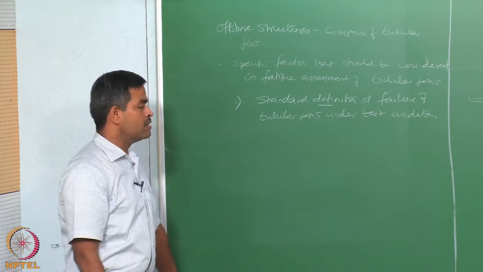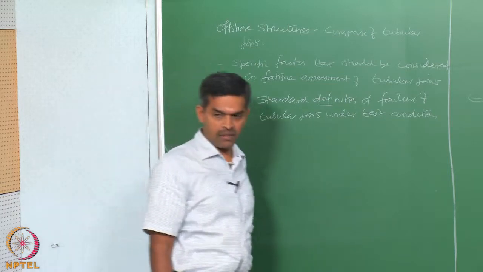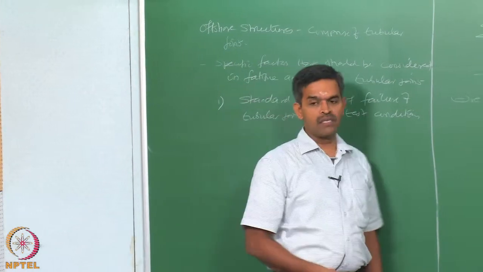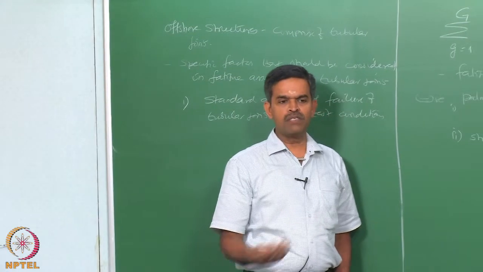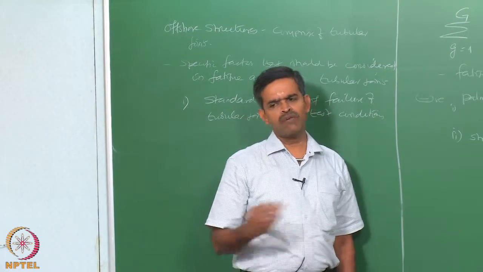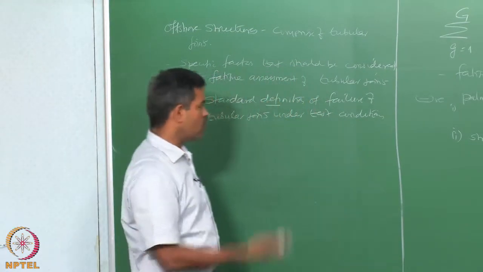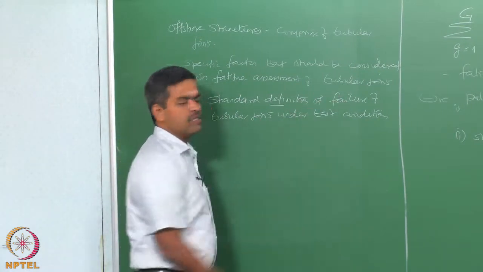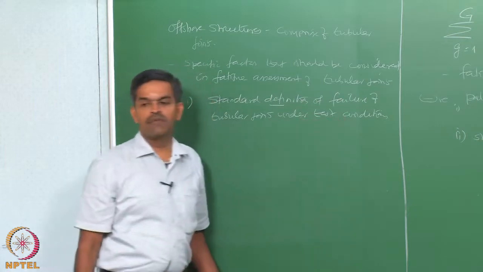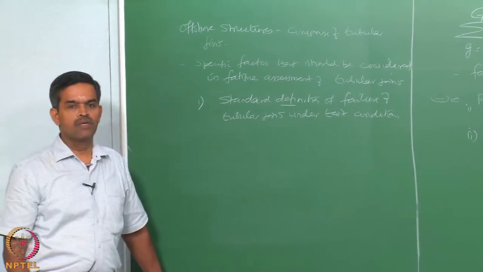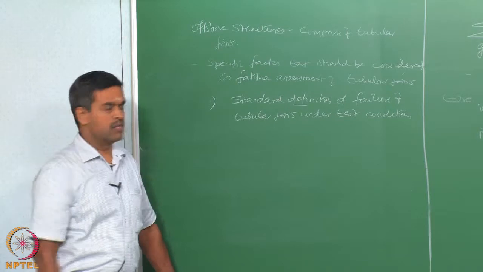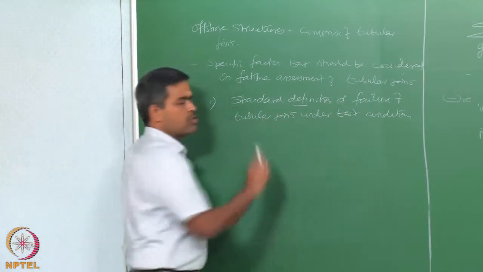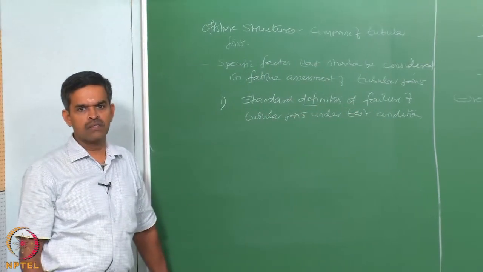You will understand that the stress concentration factors and the load carrying capacity estimates made from the conventional equations vary significantly from the actual load carrying capacity of a tubular joint under failed conditions in the experimental investigations. We will show you later. So, it is very important to define the standard failure of a tubular joint under test conditions.